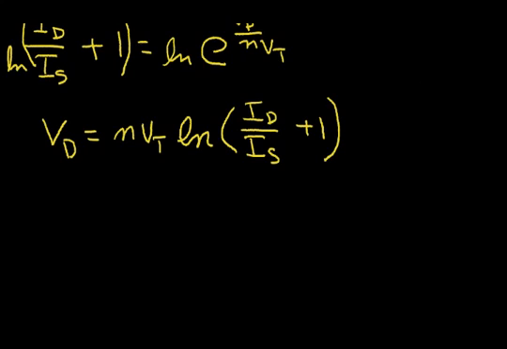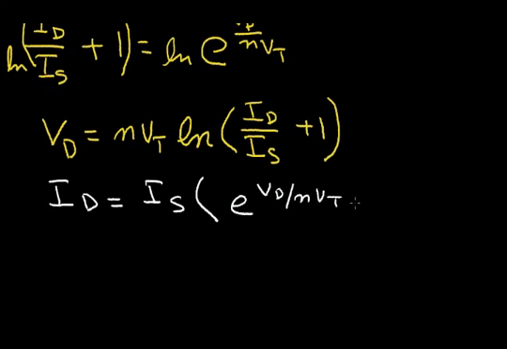Now let's also repeat the equation for the diode current here. So the diode current is equal to I sub S times e raised to the V sub D divided by N V T, minus 1. So let's graph the voltage-current relationship of the diode using these equations.